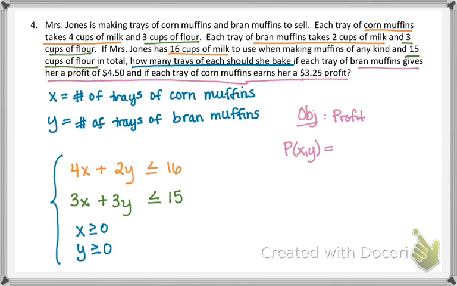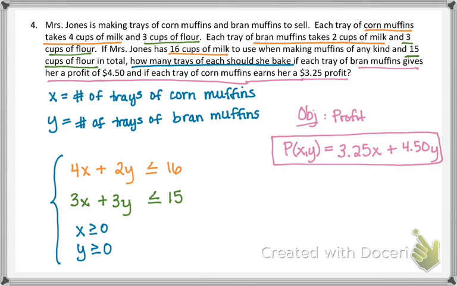So that would be $3.25 times however many trays of corn muffins she sells, plus $4.50 times however many trays of bran muffin she sells. That would be her total profit. And again, this is the rule that you're going to use to test your possible solutions into, to see which one is the best option.